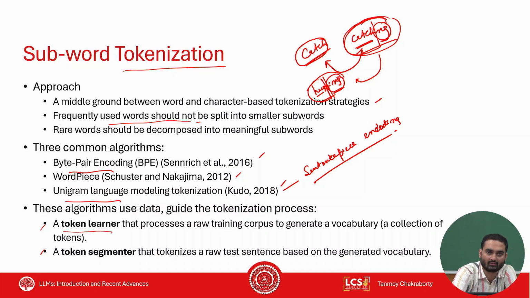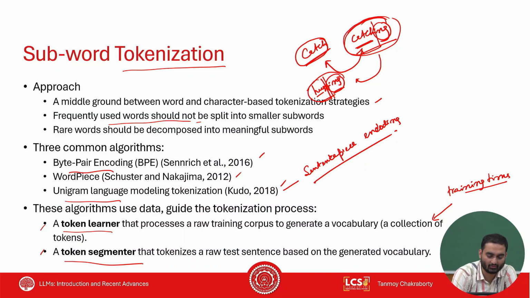The task of this token learner is to learn the tokens which will form the vocabulary. This token learner is executed during the training time, so we run it to learn or identify the tokens which are going to be a part of the vocabulary.